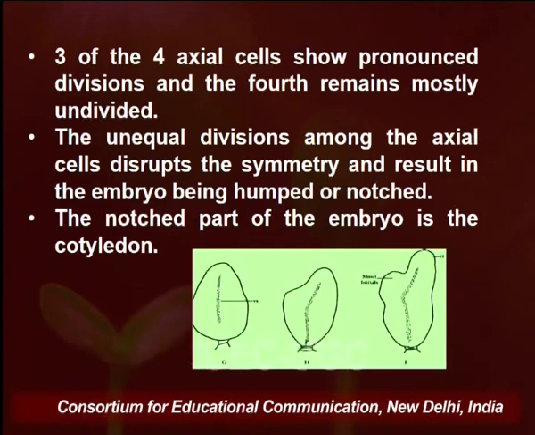This disrupts the symmetry and results in an embryo being humped or notched, which you can see in the two drawings lower down on the right hand side. The notched part of the embryo is the cotyledon. So, there is only one cotyledon formed in monocots.